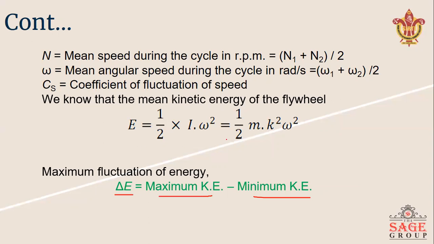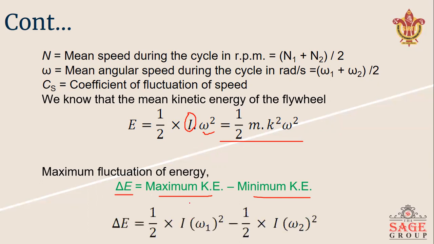In this case the mass moment of inertia is constant and the speed is varying, that is maximum speed and minimum speed. For the maximum speed, the kinetic energy is equal to half I omega 1 square, where omega 1 is the maximum speed, and this is for the minimum speed, that is omega 2.